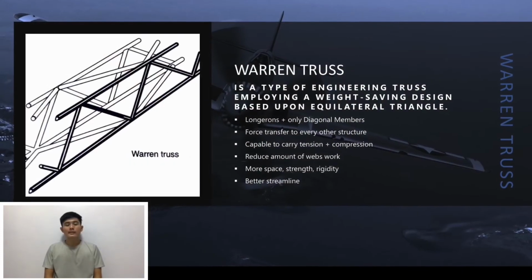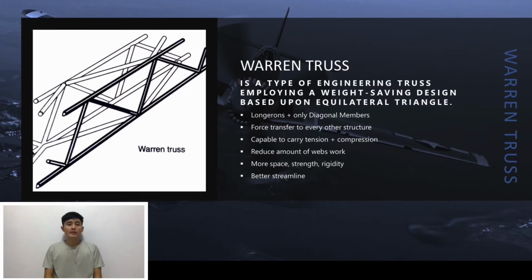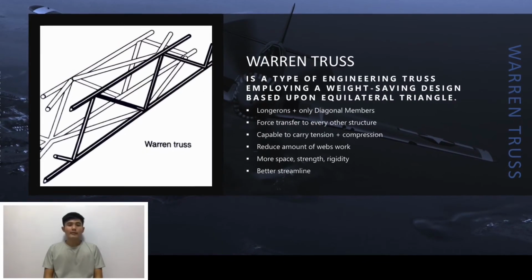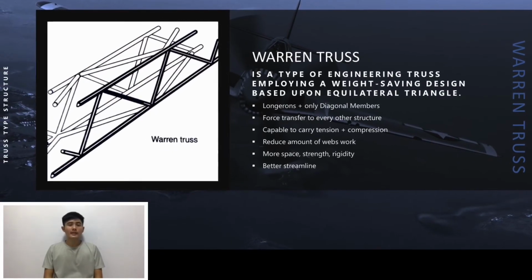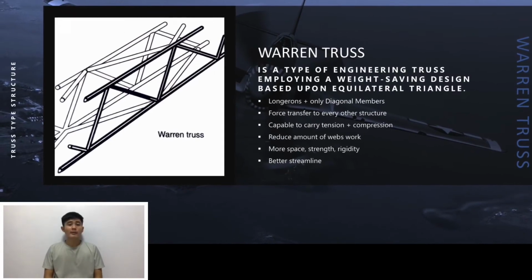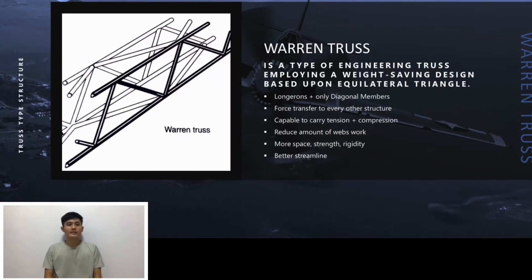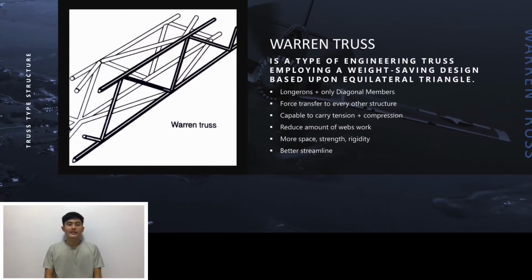As you can see on the PowerPoint presentation, a Warren truss is composed of longerons plus diagonal members only. A Warren truss is capable of carrying tension and handling compression, and it reduces the amount of web work, which is nice. What we like about the Warren truss is that it provides more space, strength, and rigidity.